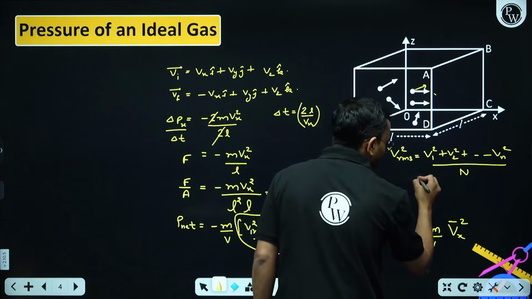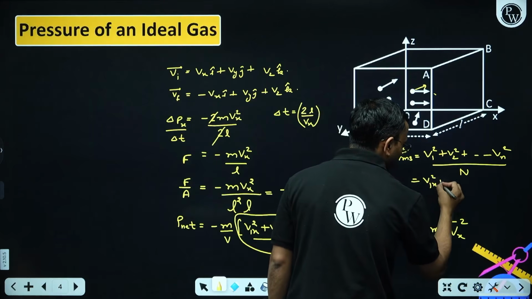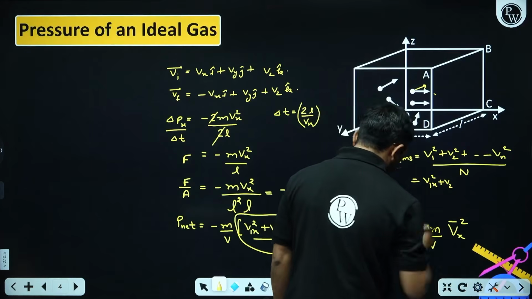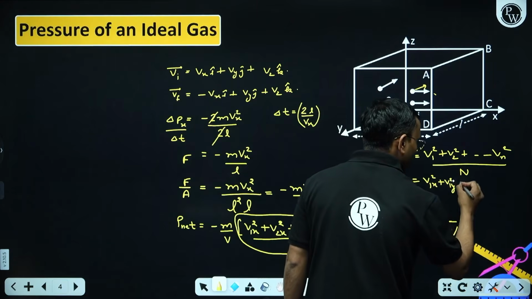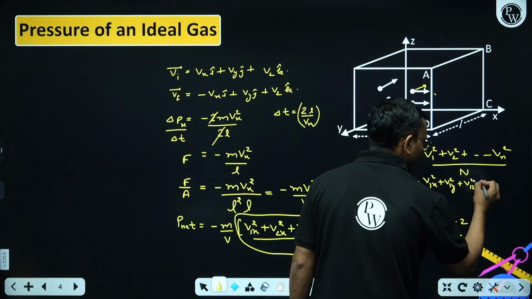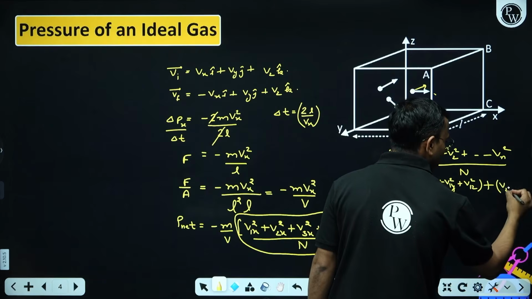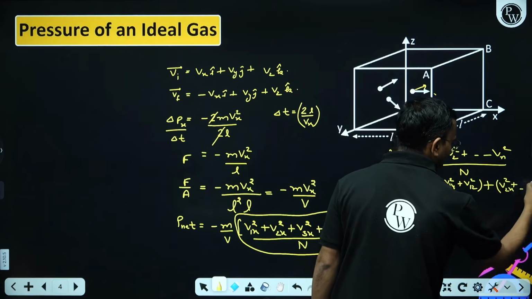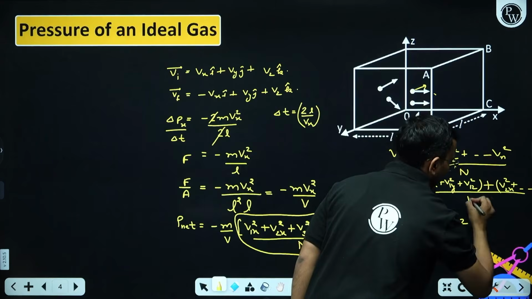When you open v1, it will be v1x square plus v1y square plus v1z square. This is my v1. Similarly it will be v2x square plus and so on, for v2, v3, v4, divided by n.